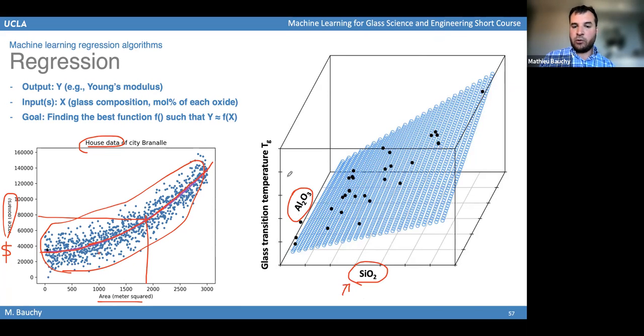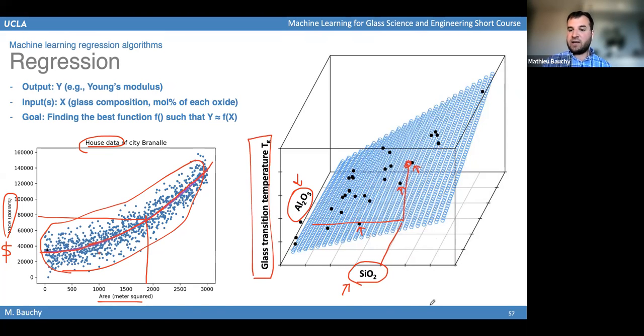Based on those input variables, you want to predict an output, which in this case would be the glass transition temperature. And so you have an ensemble of data points here for which you know at the same time the glass composition, and you know what was the corresponding glass transition temperature.